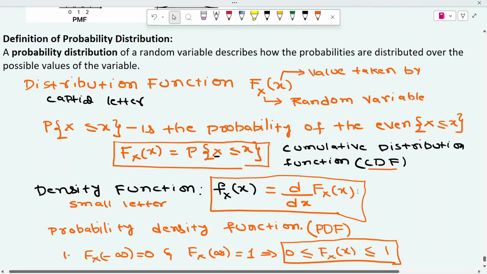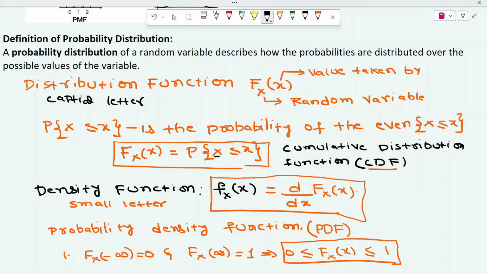So the distribution function is the probability that the random variable X takes values up to a certain value small x. It is called the CDF, whereas the density function is the derivative of the distribution function with respect to that variable.